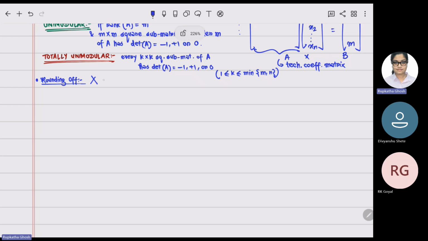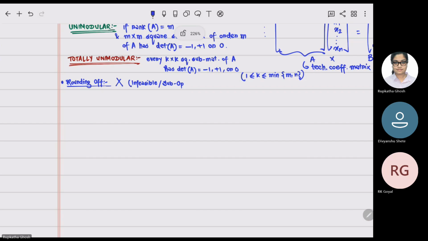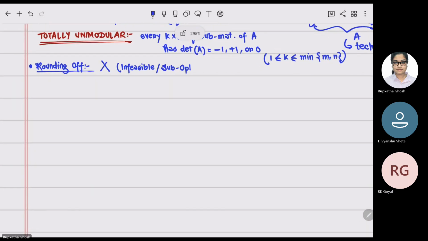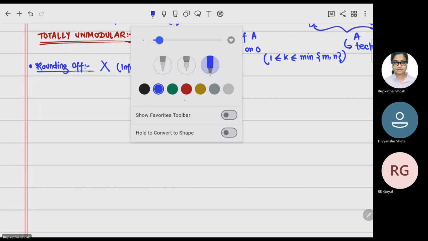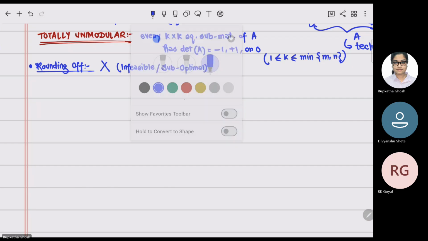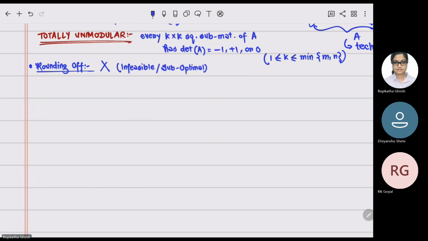Because the rounded solution may be infeasible, or suboptimal. It's not a very good method.